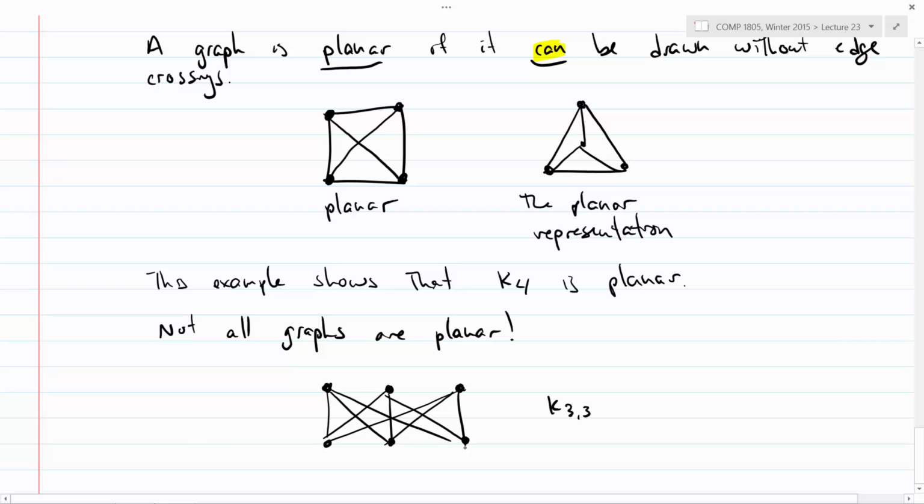Turns out that that thing is not planar. So no matter how hard you try, you cannot draw that without edge crossings. And if you don't believe me, spend some time tonight trying to do it. So next time we'll pick up back here.